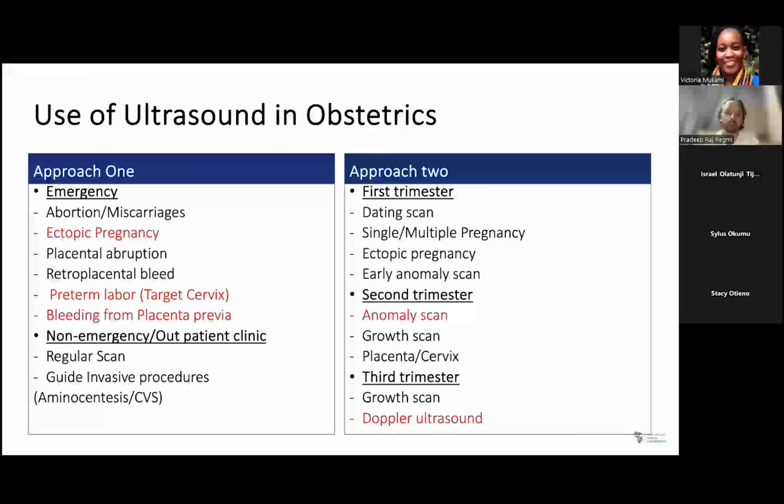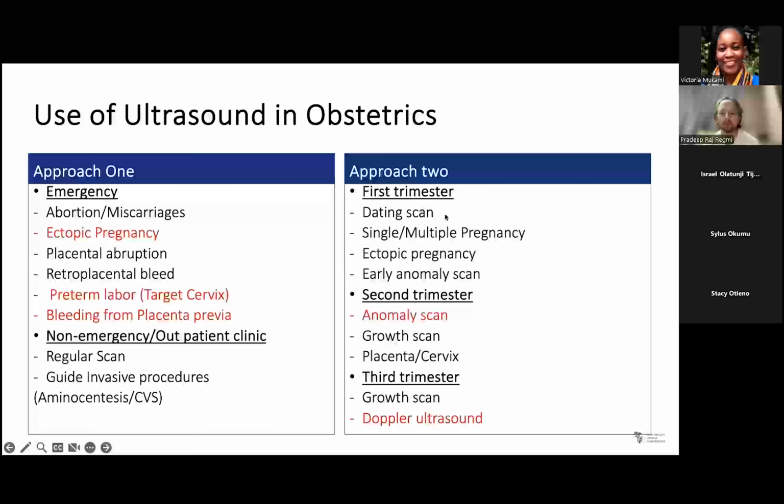So coming to obstetrics, the use of ultrasound in obstetrics can be approached in two different ways. In the first one, we can approach what the important things occurring in obstetrics during pregnancy are, so that you can pick up emergency situations in a pregnant woman to help the clinicians. So it can be divided into emergency or non-emergency scans.